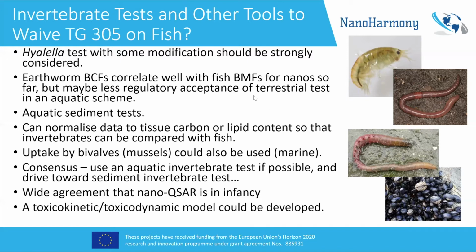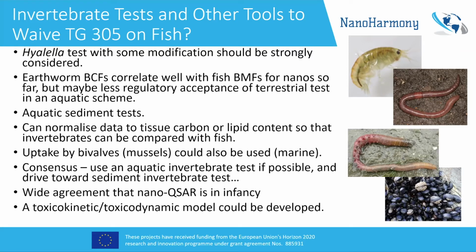If we plot the bioconcentration factors for nanomaterials in the earthworm test with the biomagnification factors in the dietary TG305 method, we get fairly good correlations. But there was some discussion around regulatory acceptance of using a terrestrial species in an aquatic testing scheme, if you like. So could we find an aquatic equivalent to the earthworm test?